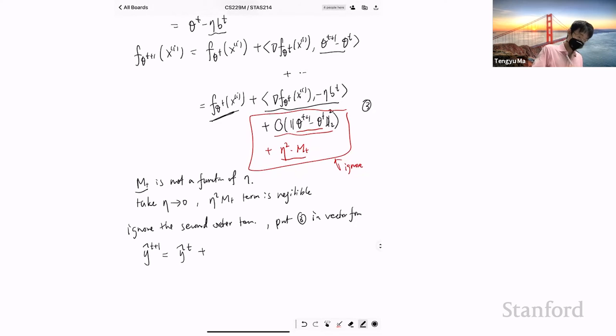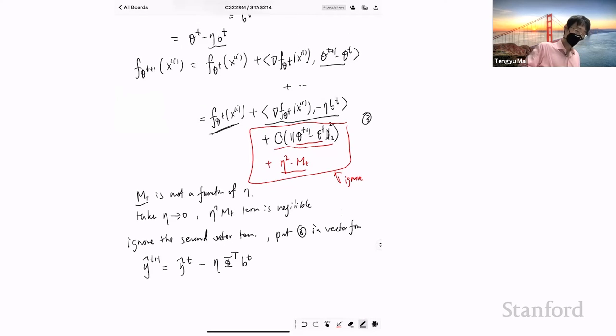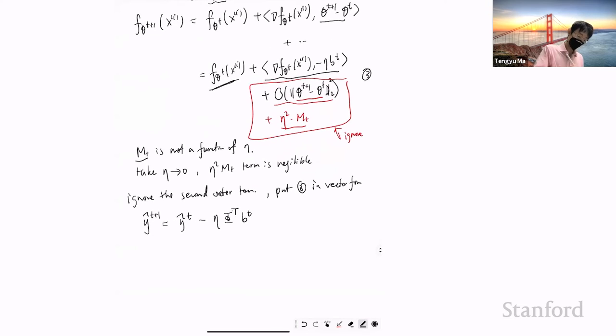So what is this? This is really eta minus eta times phi transpose times bt. So yes, phi transpose times bt, and then plus something like eta squared times some constant.